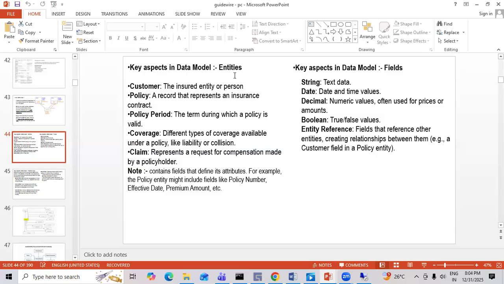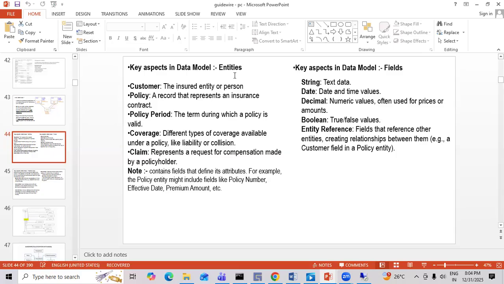For example, a policy entity might include fields like policy number, effective date, premium amount, etc.